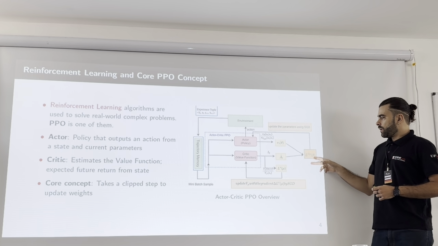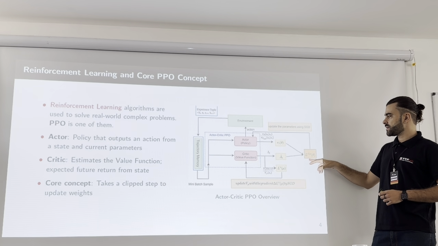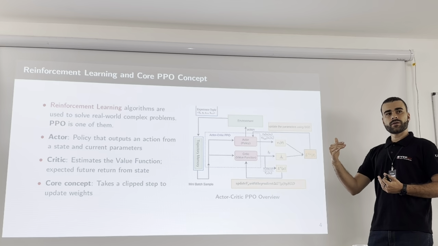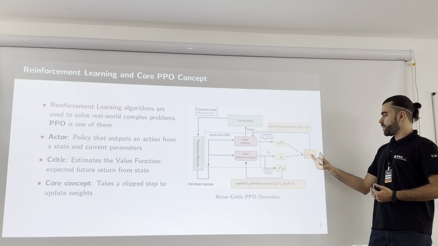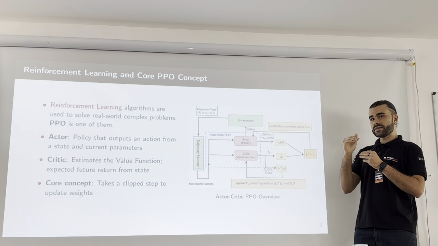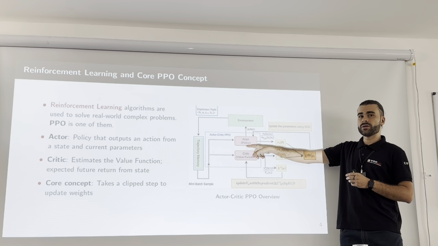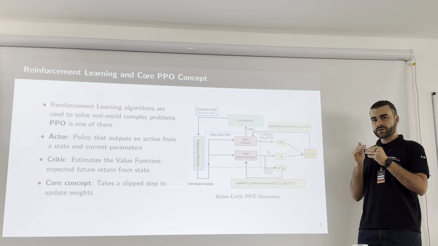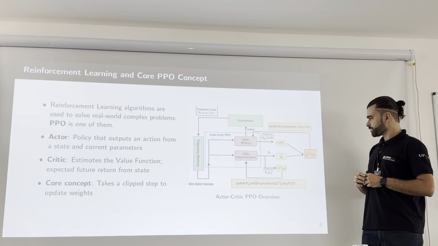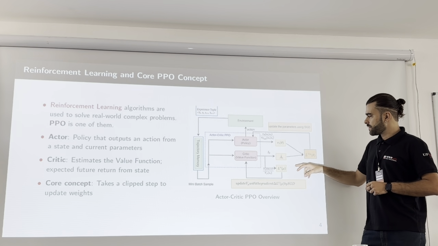All of that comes into the loss, which is the main difference from PPO to other policy optimization algorithms: it clips the step that it does on the actor weights to a certain threshold, so it doesn't spike up and down, it doesn't move too far off. In the critic, we have the same thing.